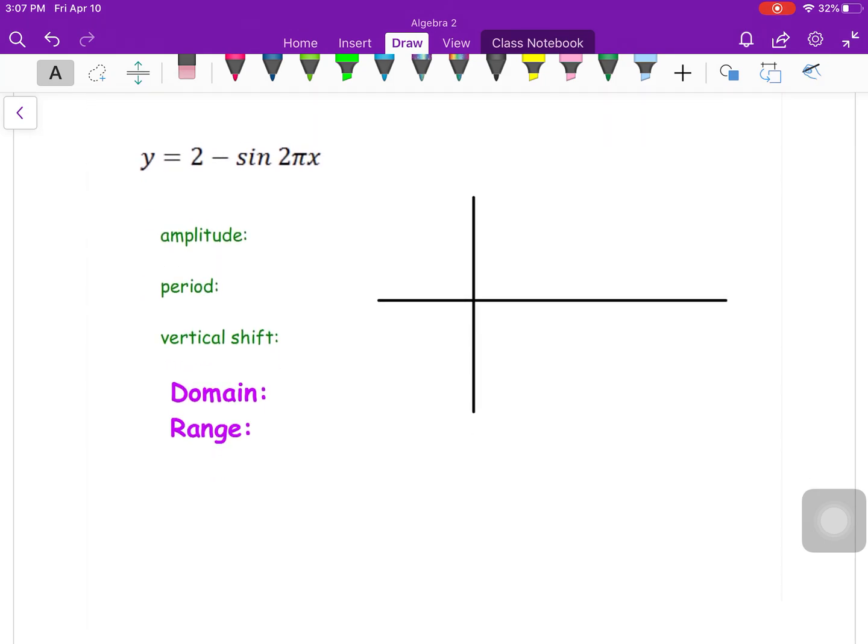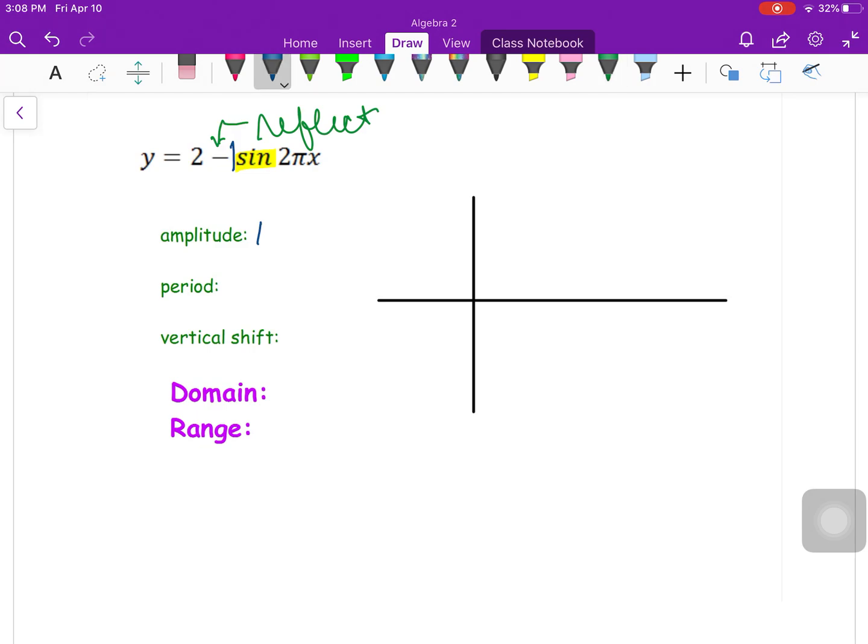Okay, let's try another one. 2 minus the sine of 2 pi x. First, find my trig function. It is sine. My amplitude is the positive number in front of sine, so it is a 1. This negative means I'm going to have to reflect.